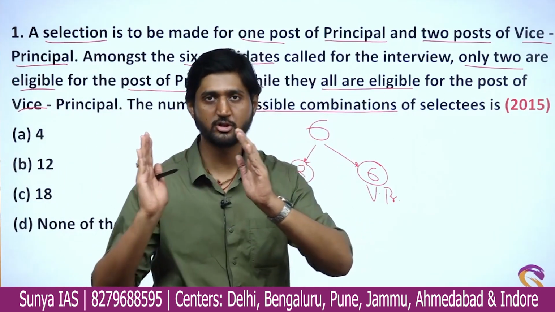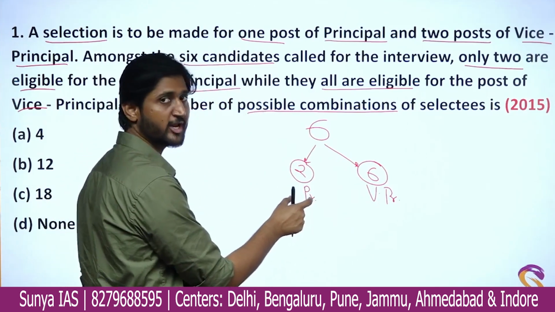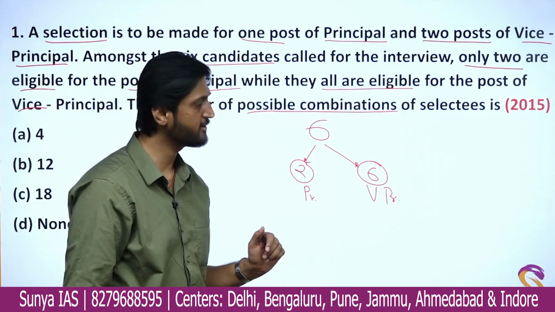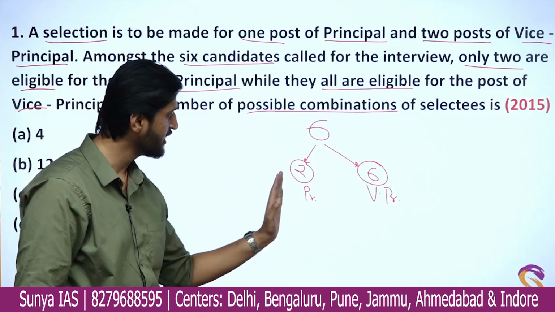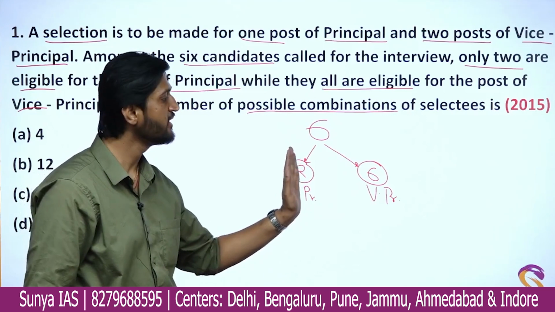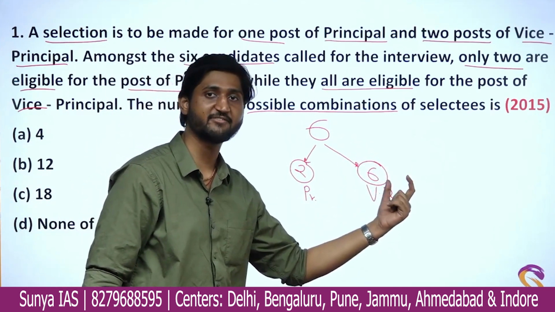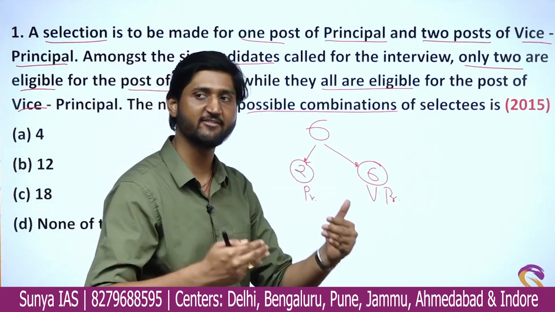So what will the process be? The process will be simply that out of these 2 people who are eligible for principal, we will select 1 principal, right? And after that we have chosen 1 person. Now this 1 person is removed from this 6, and we have only 5 people left from whom you can choose the vice principal. That is the idea which we are going to follow.